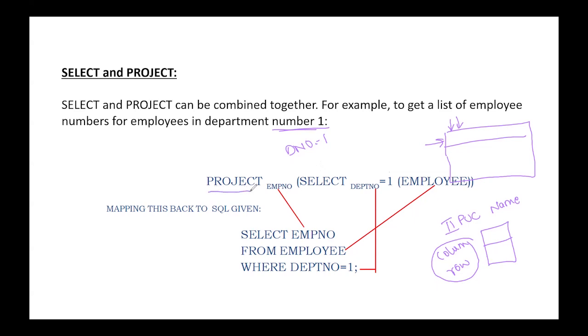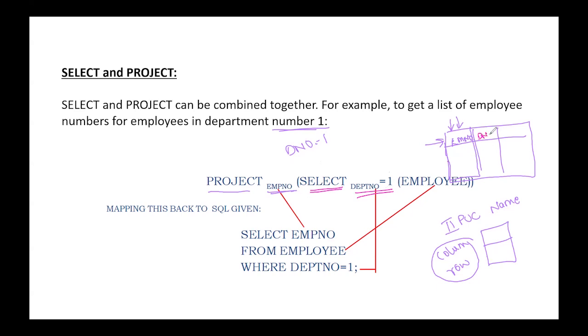As you can see here, project employee number, that is, suppose this is my employee table. I have employee number. Okay, so I am taking only this employee number column, restriction on the column I'm putting. And then I'm saying from that column, select department number 1 only. Now I'm putting restriction on the department number also.